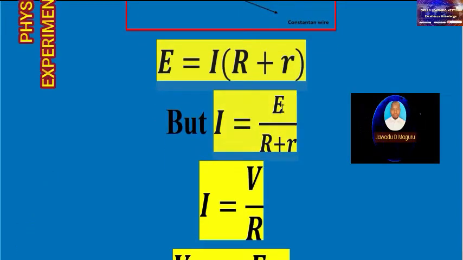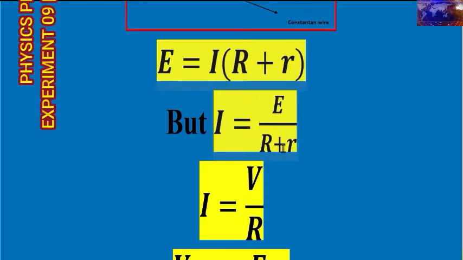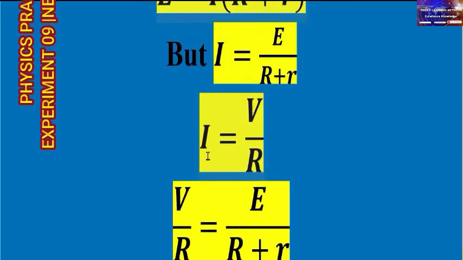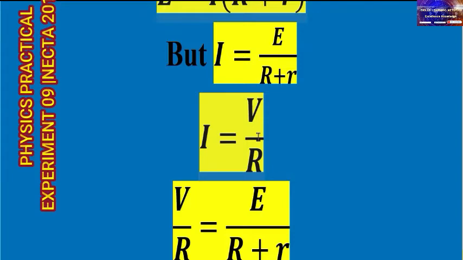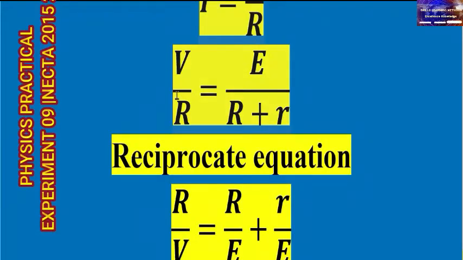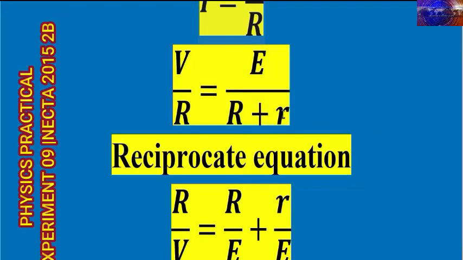E is equal to I times (R plus r). But current is equal to V over R. Then instead of using I, we use V over R. Then V over R is equal to EMF over (R plus internal resistance).